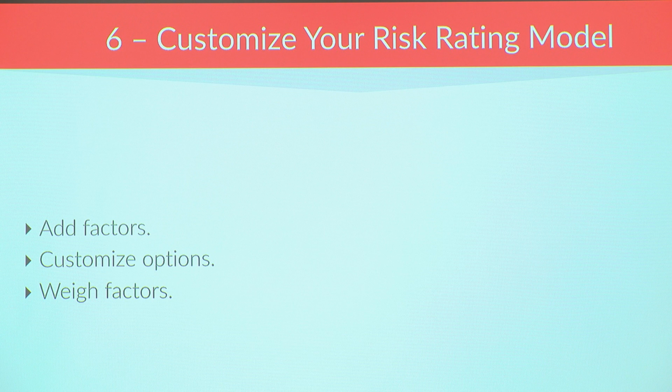Loss of life is a very important factor and might weigh more overall than the other factors. So instead of divided by 4, that one is going to be worth a lot more than a fourth of the category. So you add factors, customize options, and you change the weight of those factors. So you sort of create this heuristic formula that gives you more or less the answer you estimated in your head.